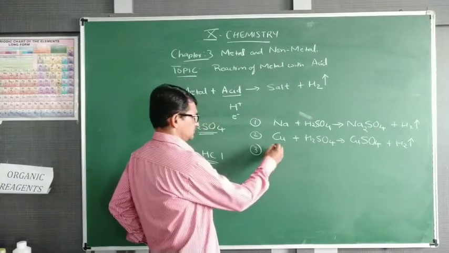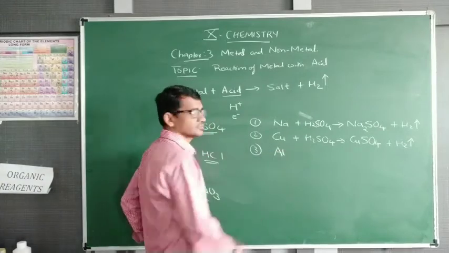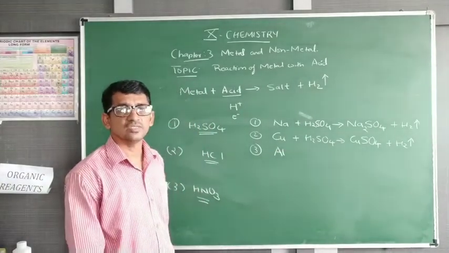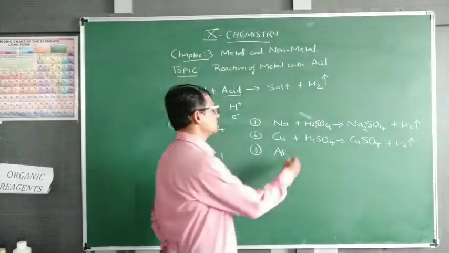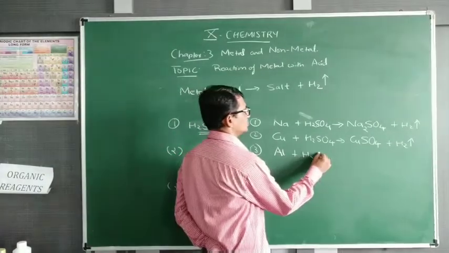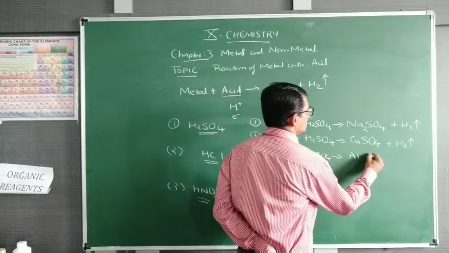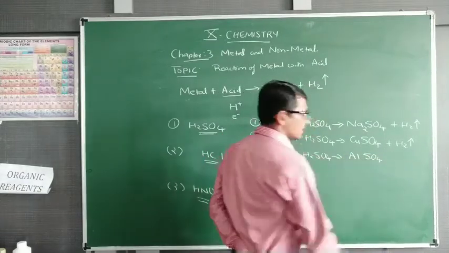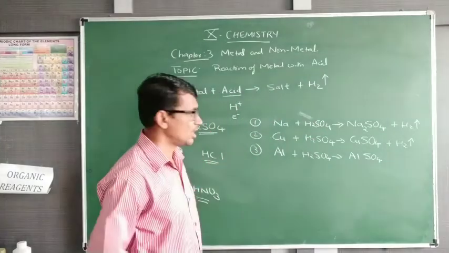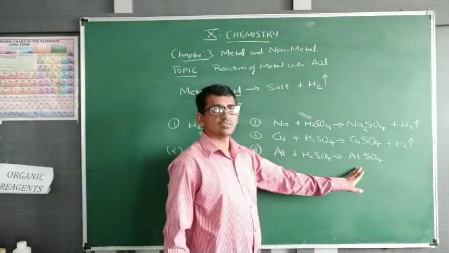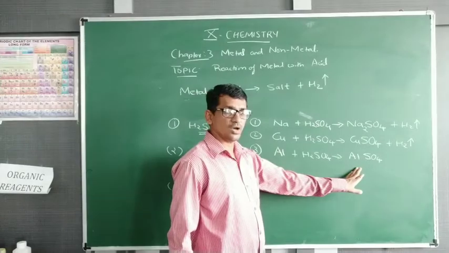Number third, that is aluminium, which has a valency +3. When this reacts with H2SO4, it is converted to aluminium sulfate. Now you see how we can balance this salt. Okay, how can we write its formula?